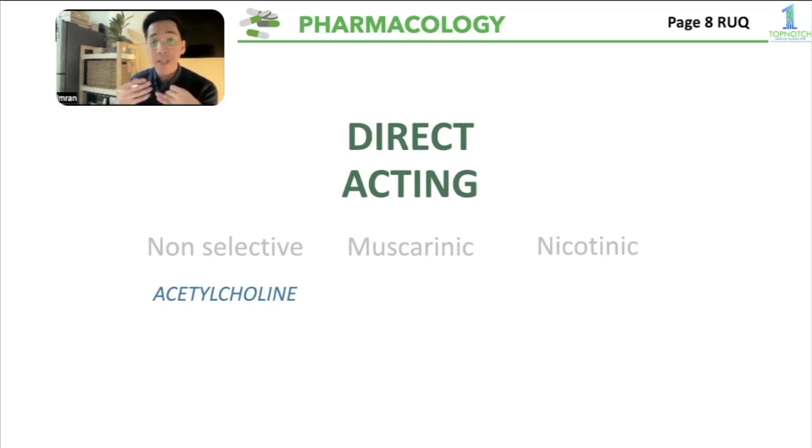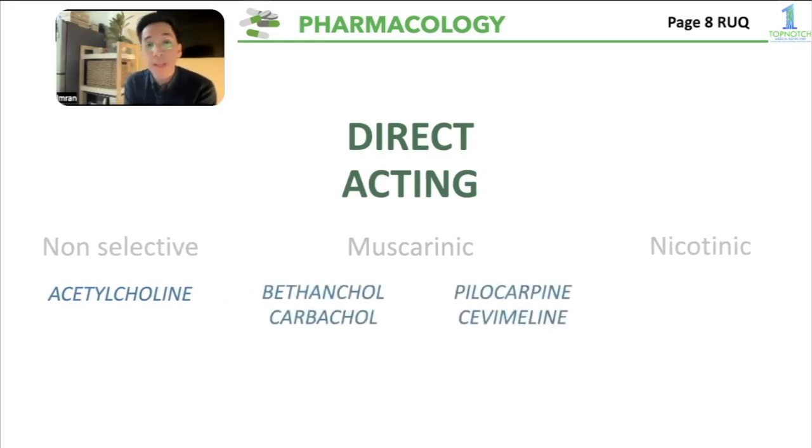So ang mangyayari dyan, it stimulates these two receptors. And the prototype has that capacity. And ang prototype natin ay sino? Si acetylcholine. Okay? Ang use dati ng acetylcholine ay for pang-constrict nung eye natin, pero hindi siya ginagamit talaga as a drug, clinically.